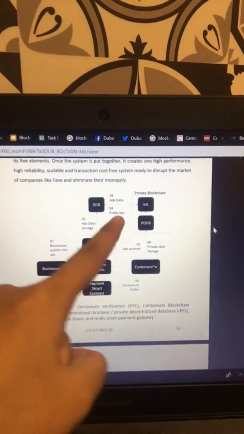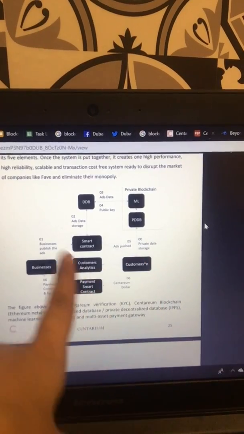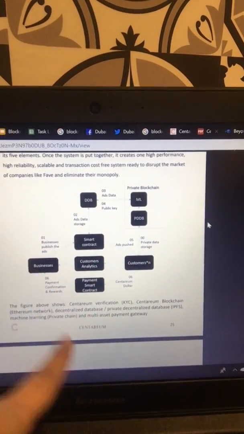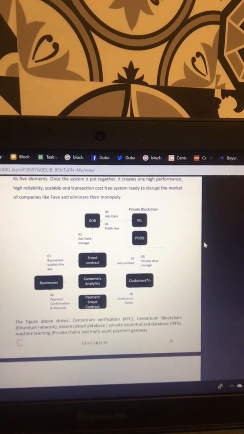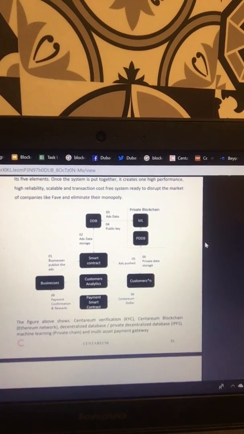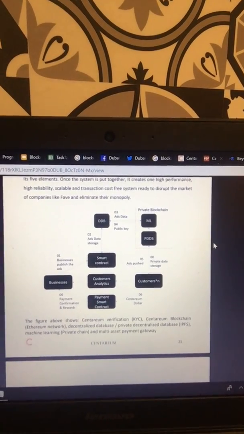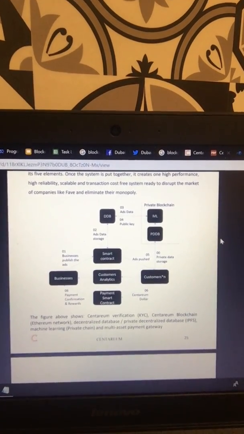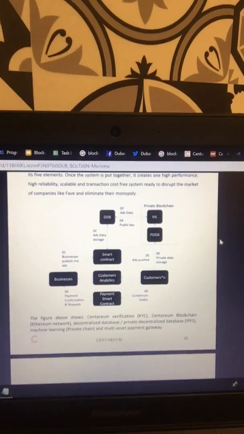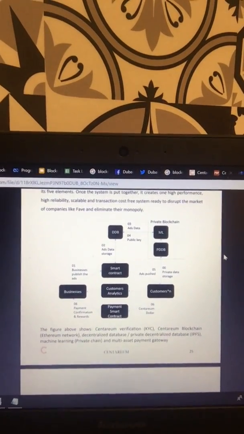So it's like DVB, ML, PD. This is just a short form of their names. The figure above them lists Centareum verification, KYC, Centareum blockchain, Ethereum network, decentralized database, private decentralized database, machine learning, private chain, and multi-asset payment gateway.